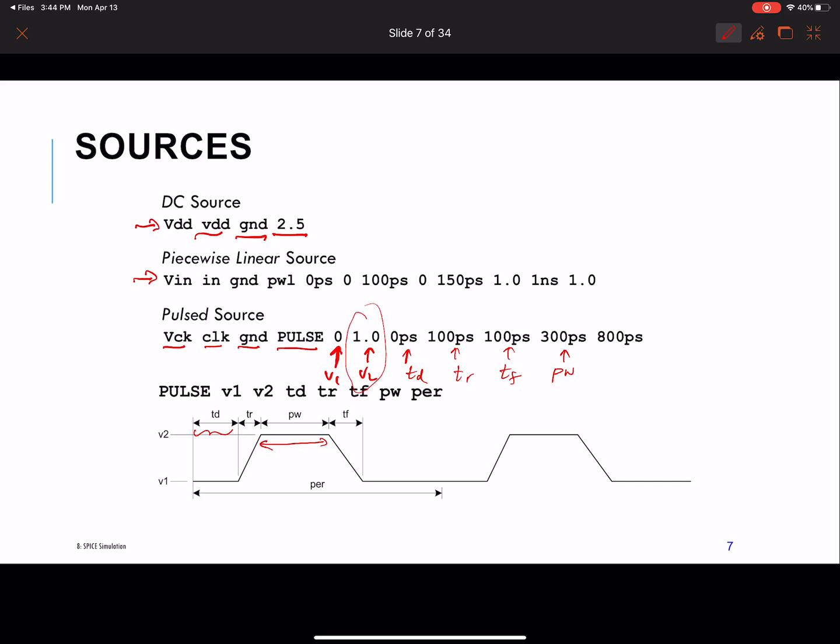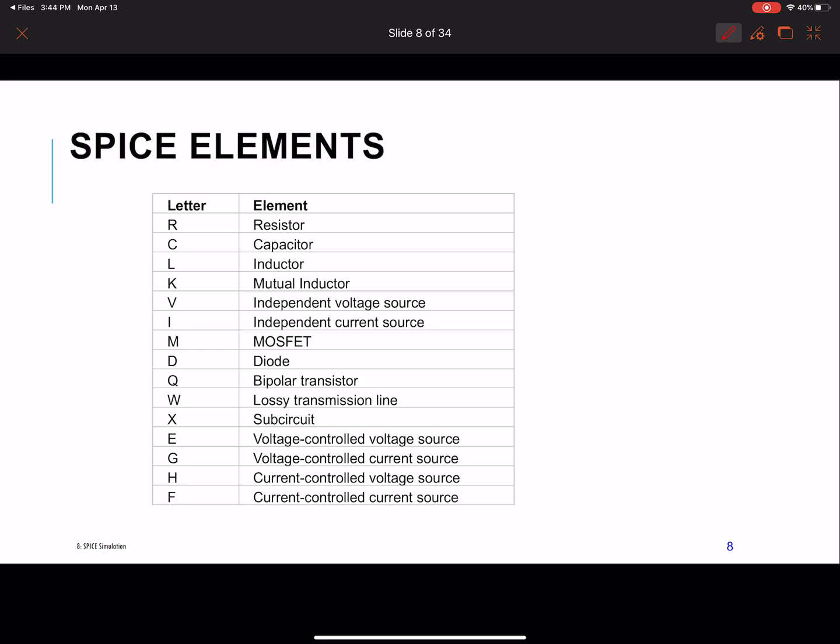And then this is the period. So the whole thing repeats every 800 picoseconds in this particular case. Okay, so basically you can end up with a whole bunch of different components, all the components you need: voltage sources, different transistors, transmission lines, subcircuits, you name it.